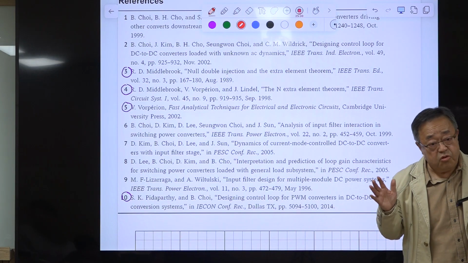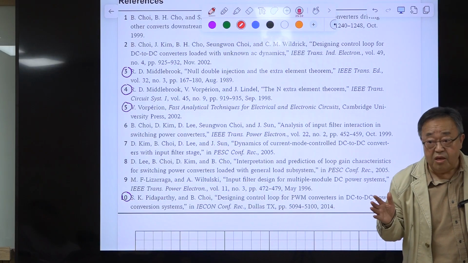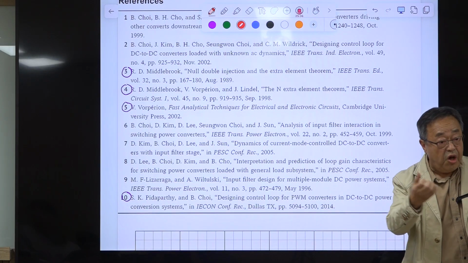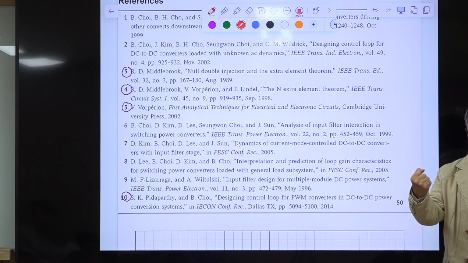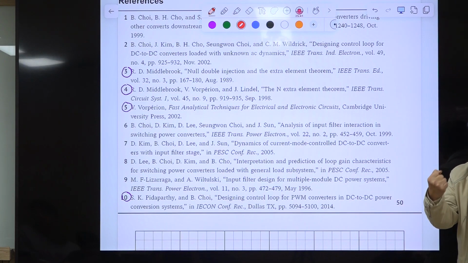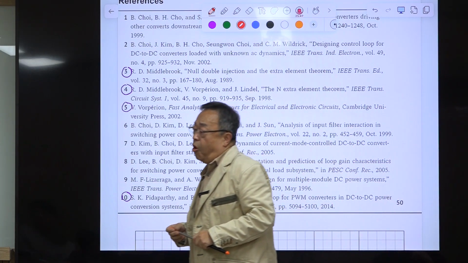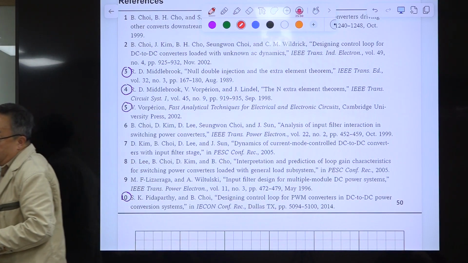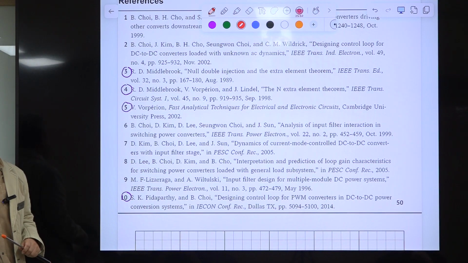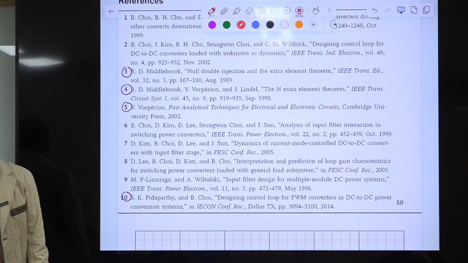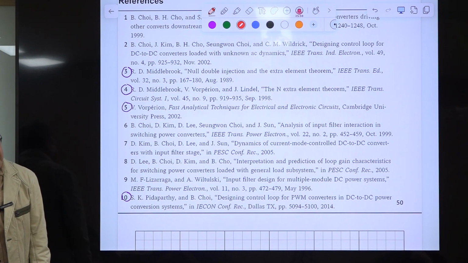Like me, he used this technique to evaluate the input impedance of the converter, because the interaction between the input filter and the converter was very important in the past. He proposed some method to avoid the instability, and I improved it a lot and published the paper in 1990, something like that.